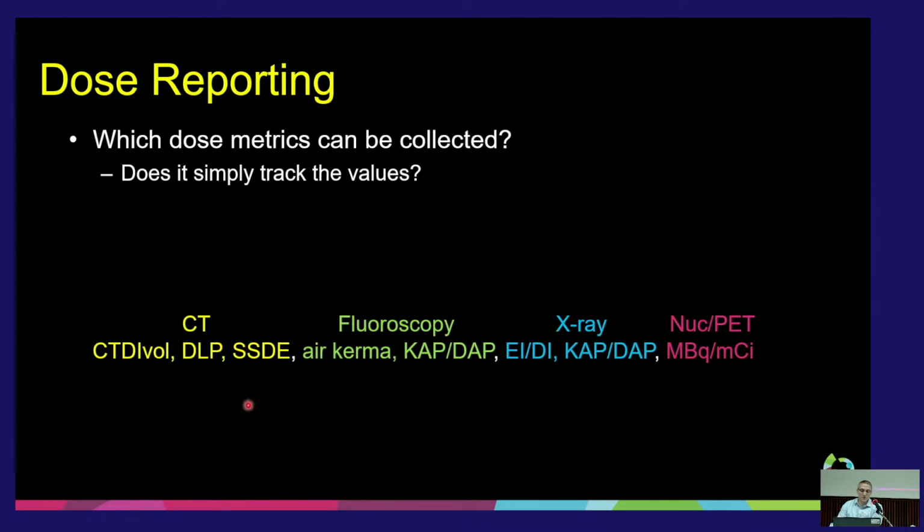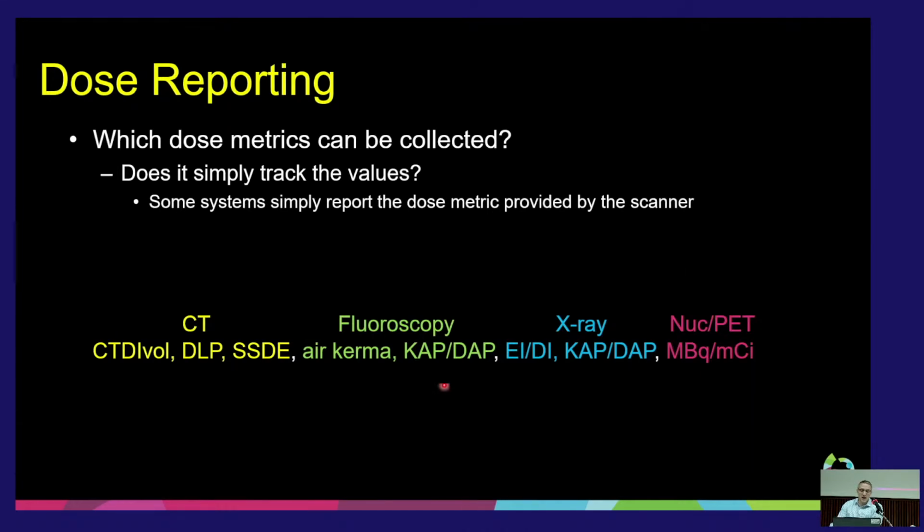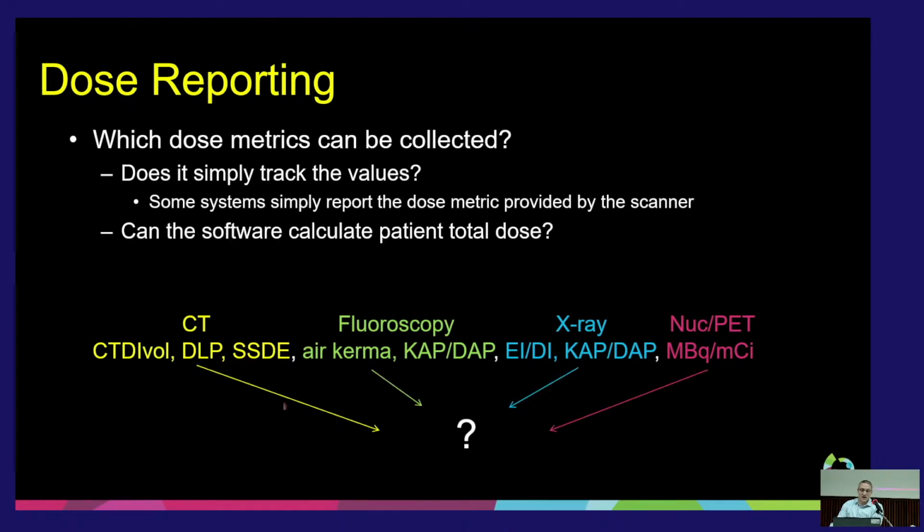We've been focusing on CT this whole week, but obviously it's important to be able to do fluoroscopy and X-ray, especially if you're trying to do a dose registry beyond just CT. So how does it take in all of these? Does it accept all of the different dose metrics? Does it try to combine them? How does it handle those different values and calculate patient dose?